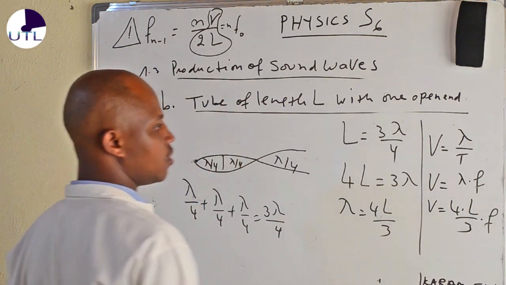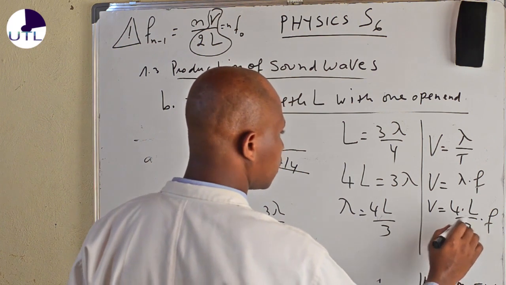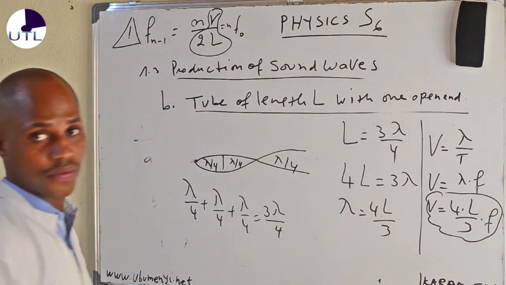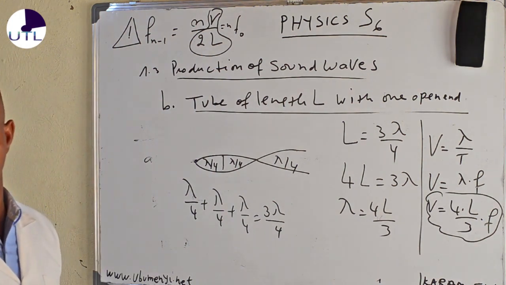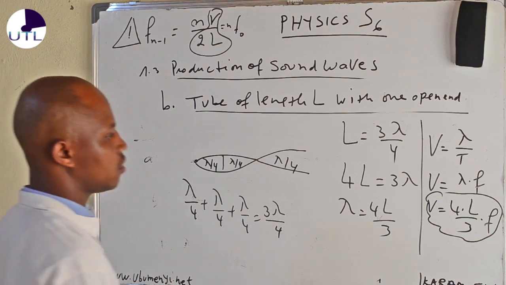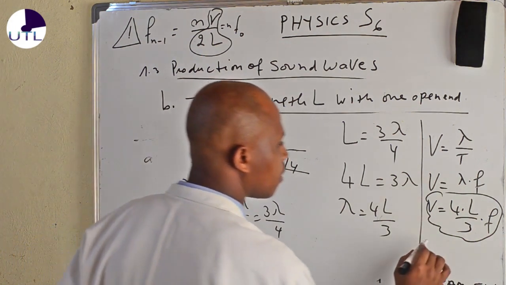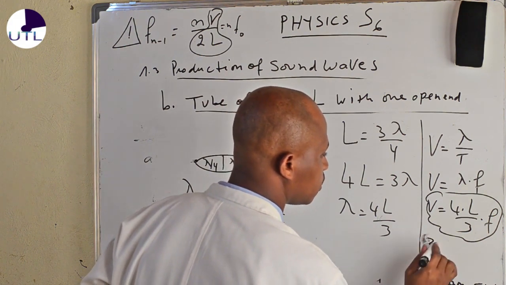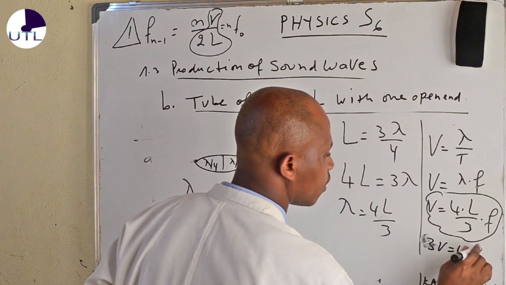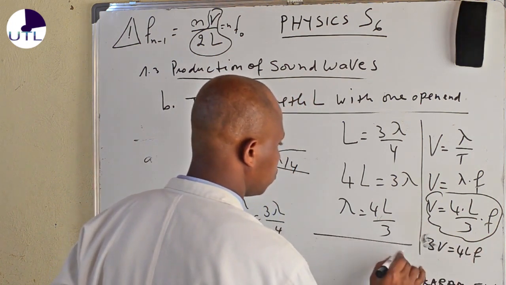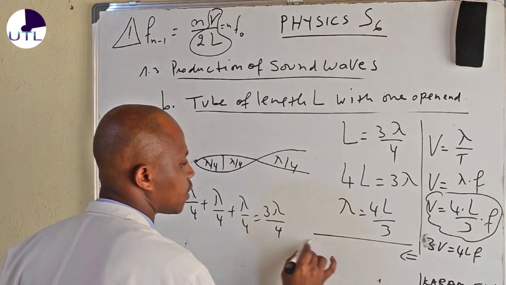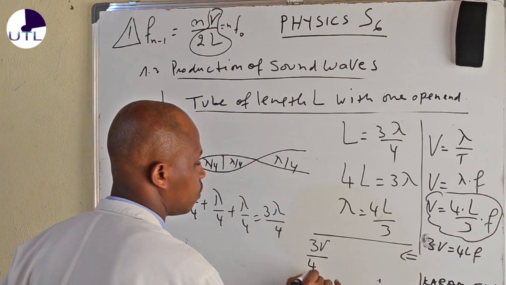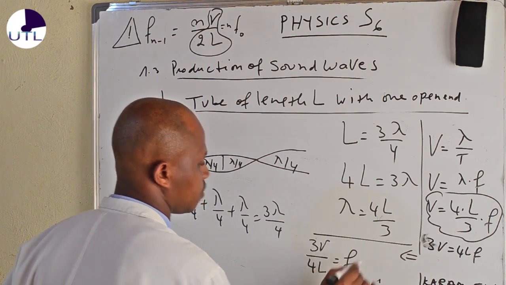So 4 over 3 times the length times the frequency will be the speed. But I'm also very interested in finding the frequency. Are you not interested in this case? So 3 times V is equal to 4 L f, which means 3 times the speed over 4 times the length will be equal to the frequency.